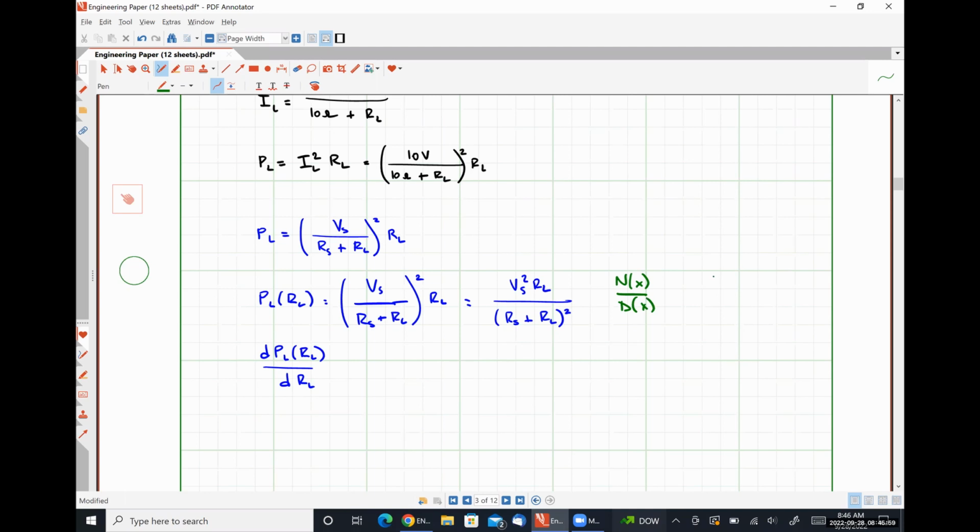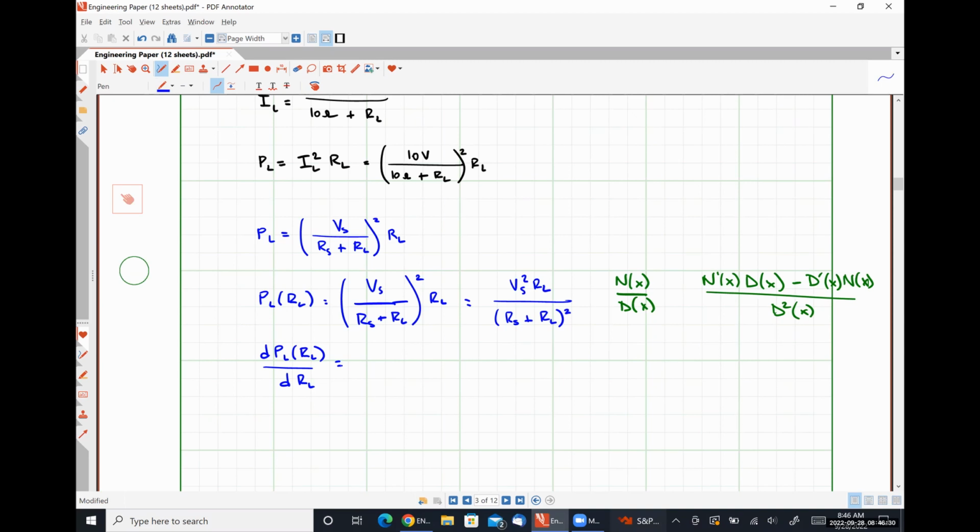The derivative is the derivative of the numerator times the denominator minus the derivative of the denominator times the numerator over the denominator squared. Okay, that seems correct to me. I remember it being something very similar to that.